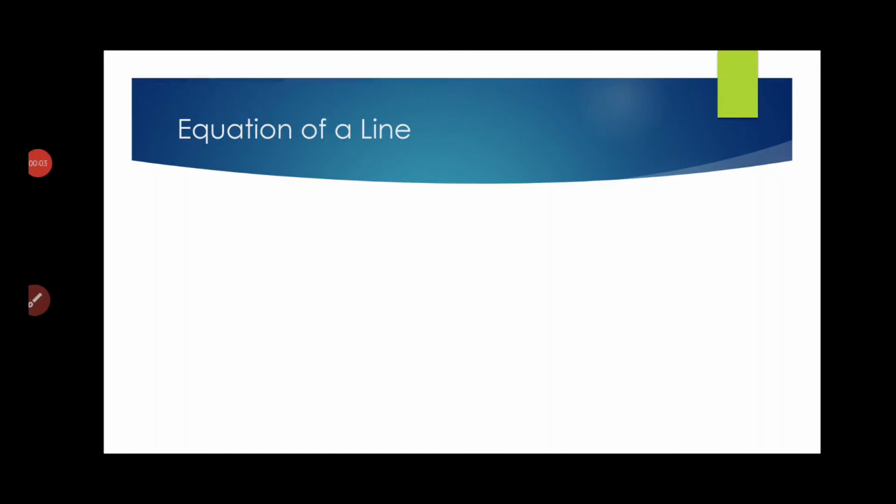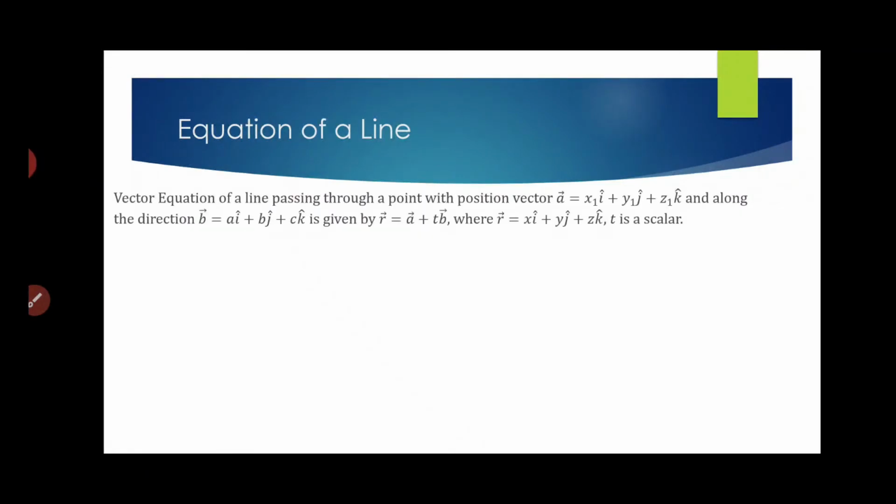Now let us move to the next concept, that is the equation of lines. For the equation of a line we require two things: we need to know a point on the line, and along with that we require the direction of the line. If we know these two things, we can write the equation of a straight line in three-dimensional space.